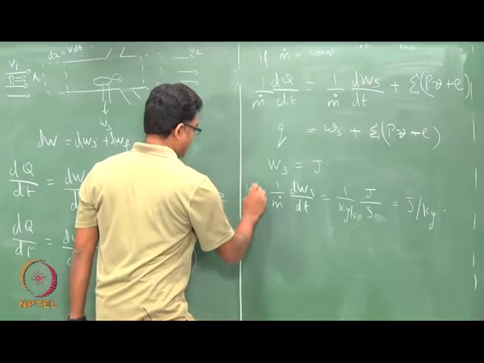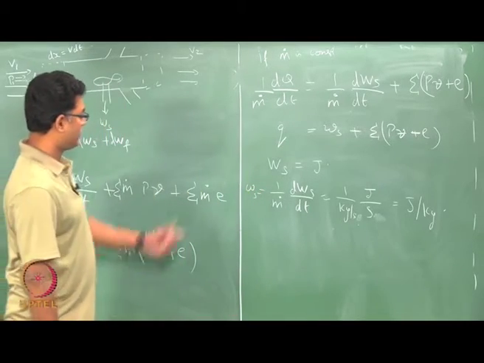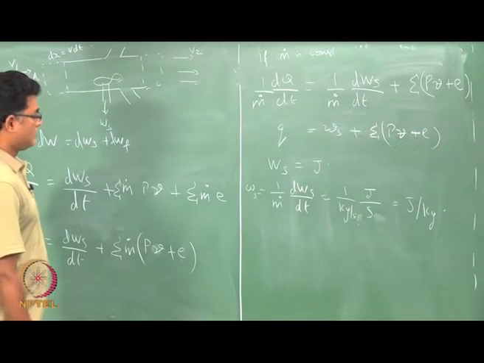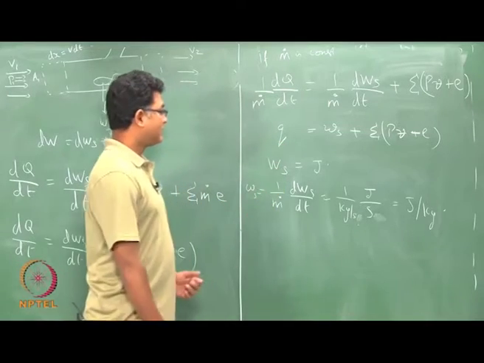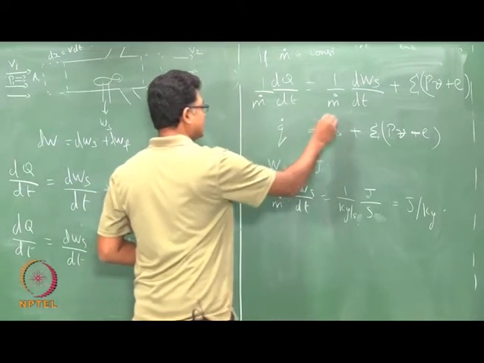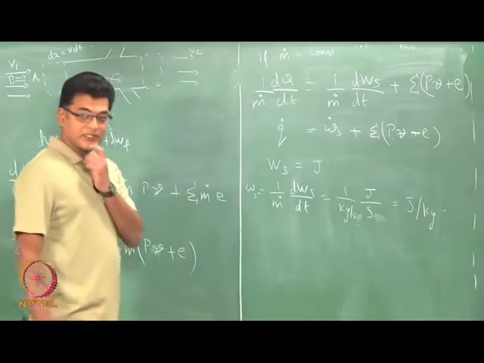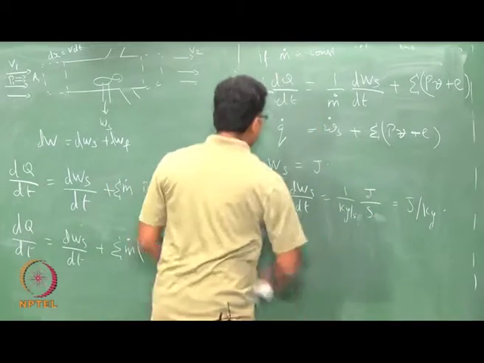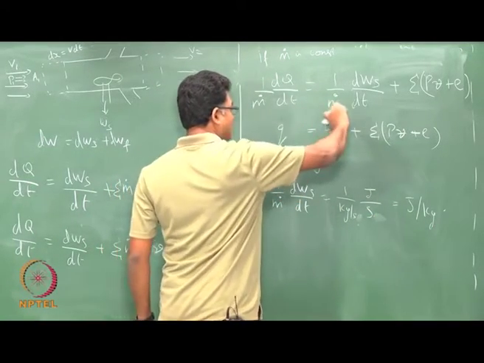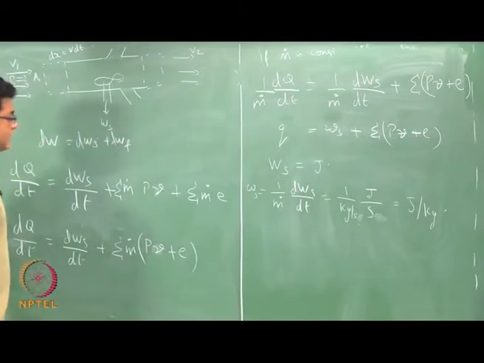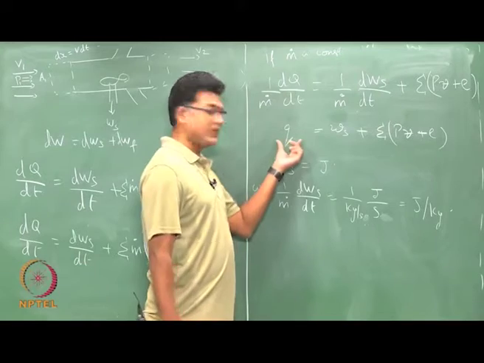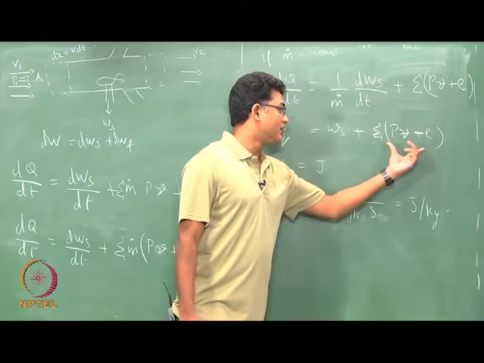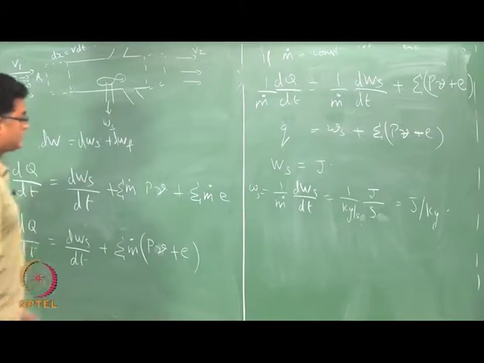That is the unit of your Ws. So, the unit of each of these terms is joule per kg, and there is no seconds here. In some of the textbooks you would see this along with this equation, but the unit is still this. So, to avoid confusion we will use it without the dot here. So, it is the specific heat supplied, specific work done, and the other term. We will discuss what the other term is. Okay.